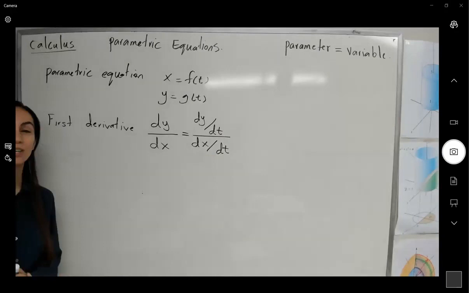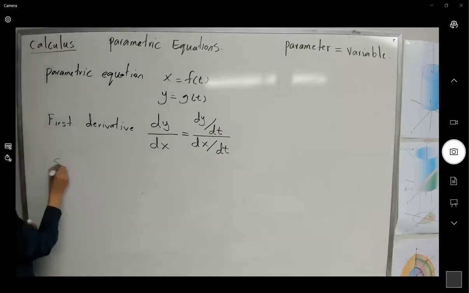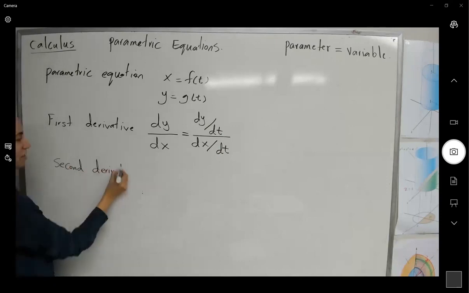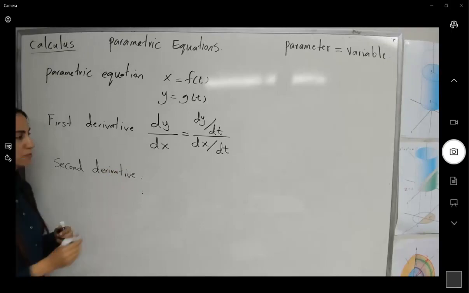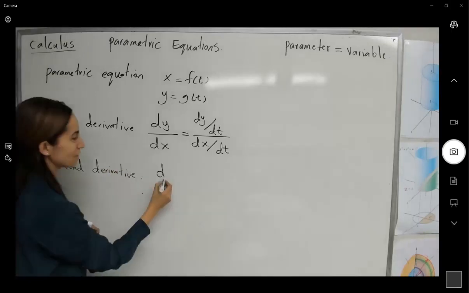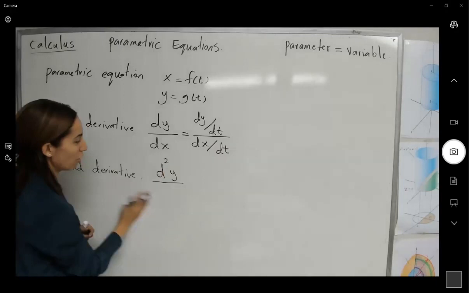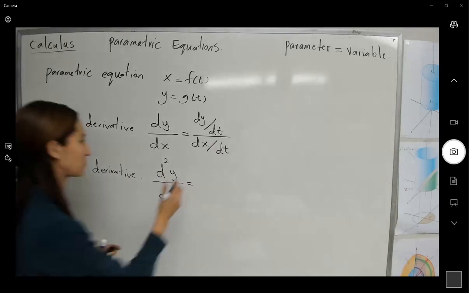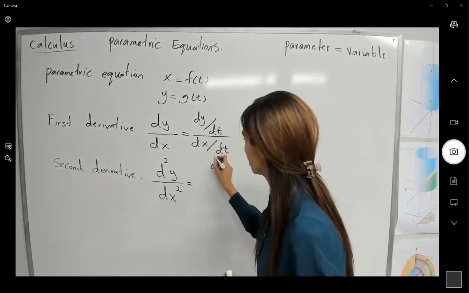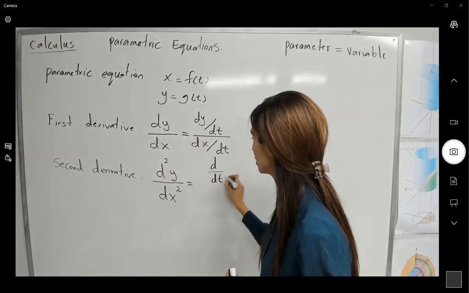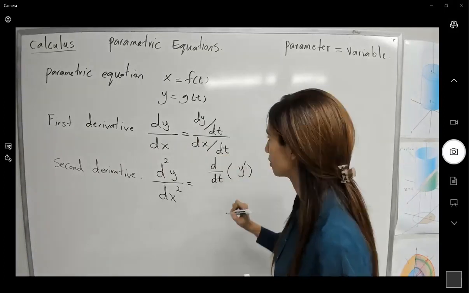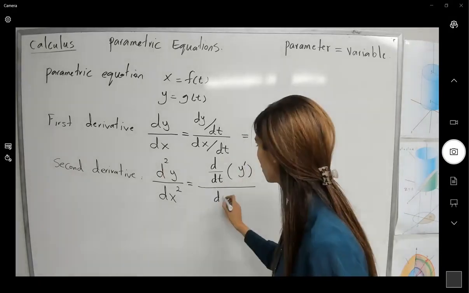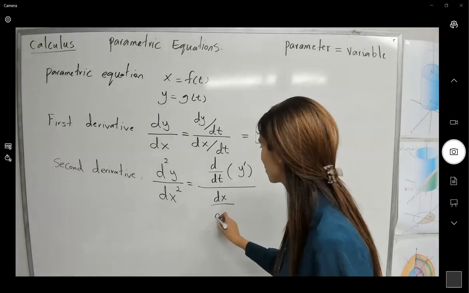Now the second derivative. The second derivative of y with respect to x is defined as the derivative with respect to t of the first derivative divided by the derivative of x with respect to t.